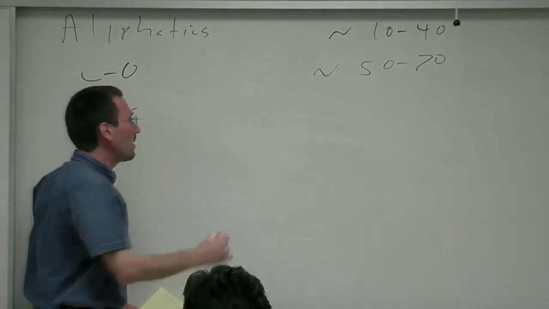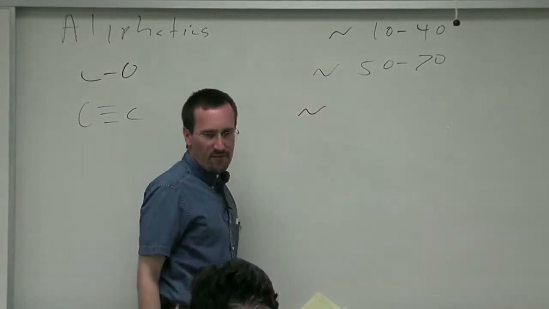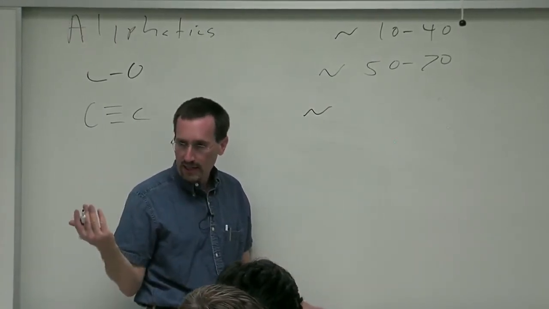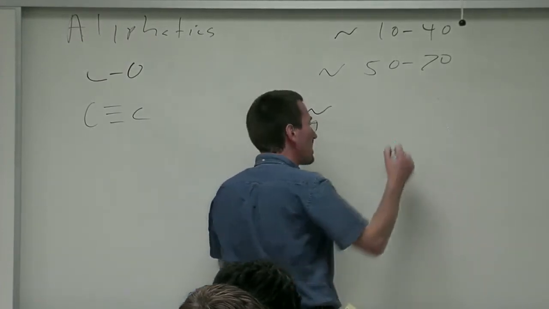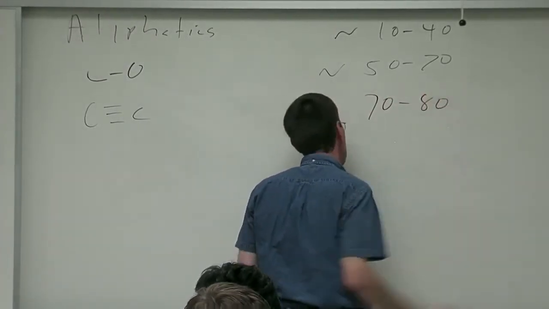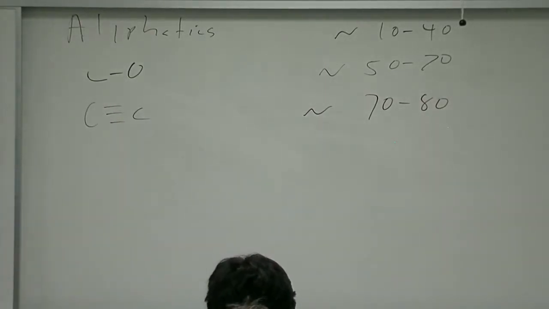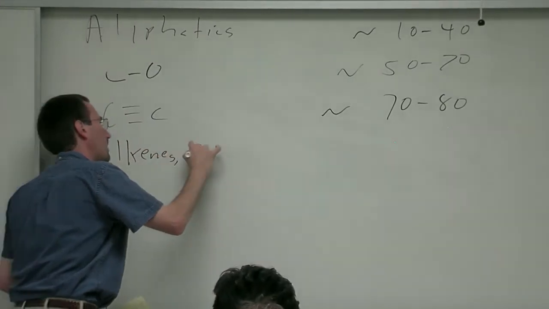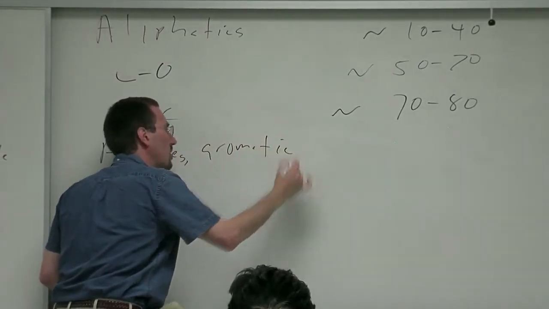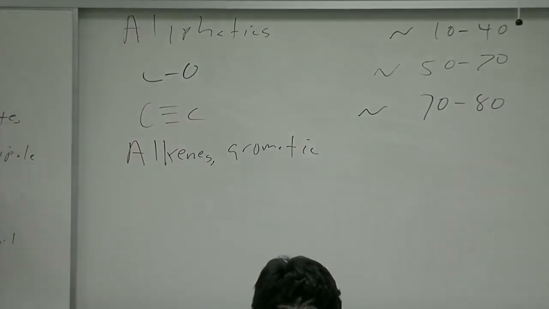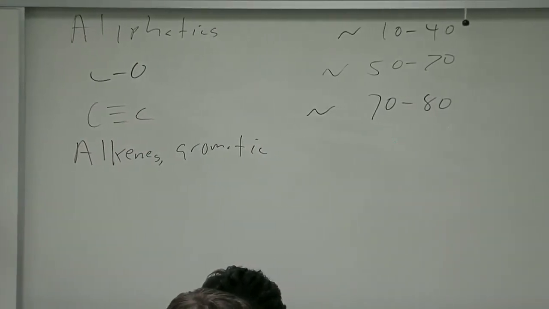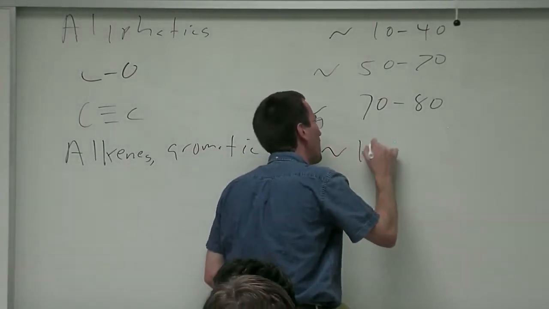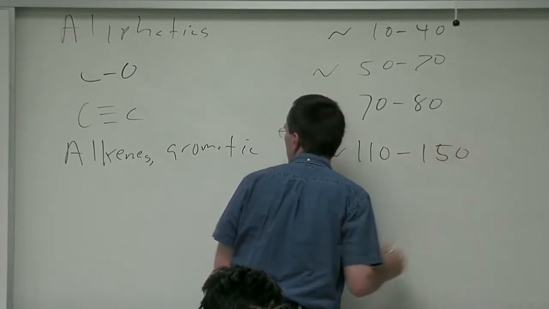Alkynes aren't that common, but remember I said there's about 2.2 to 2.5 parts per million for a typical alkyne CH. For an alkyne carbon, it's about 70 to 80 ppm, so that stands out. Now alkenes and aromatics. Whereas in proton NMR the alkenes show up a little more upfield, 5 to 6, and the aromatics a little more downfield, 7 to 8, in carbon NMR alkenes and aromatics are all lumped in at about 110 to 150.